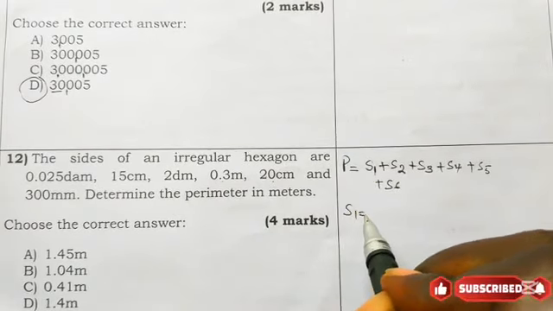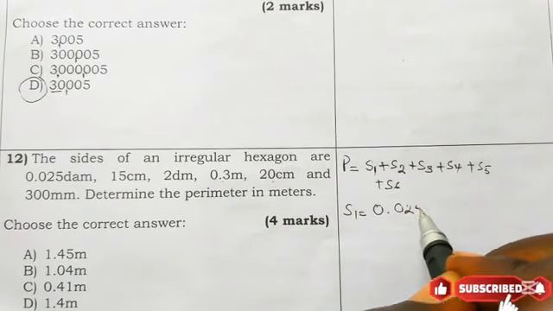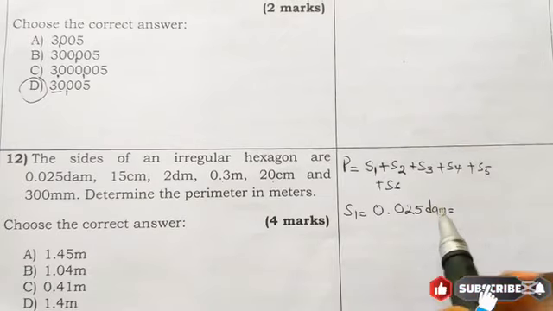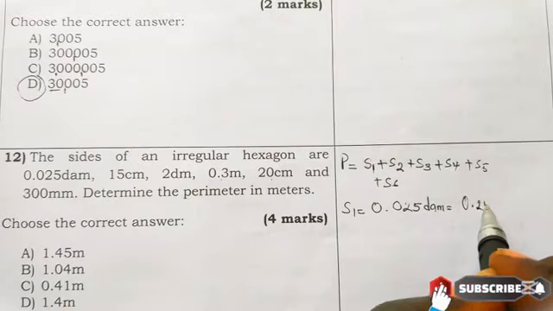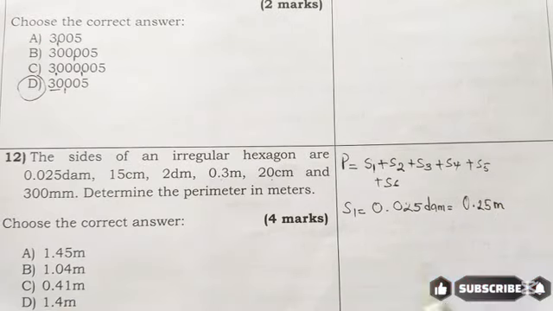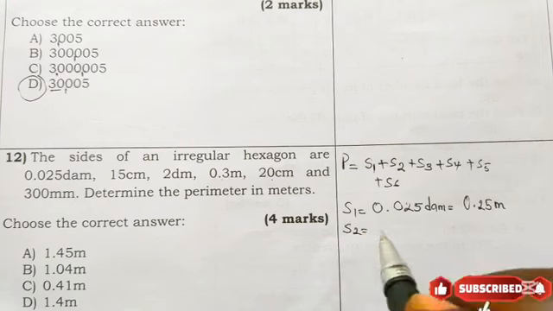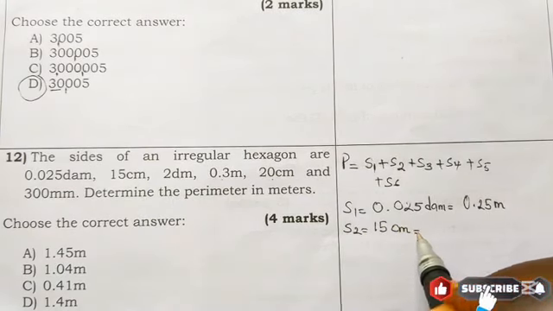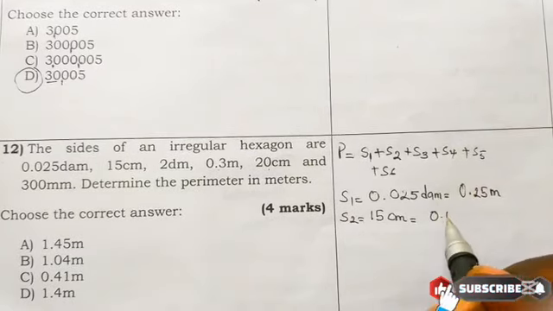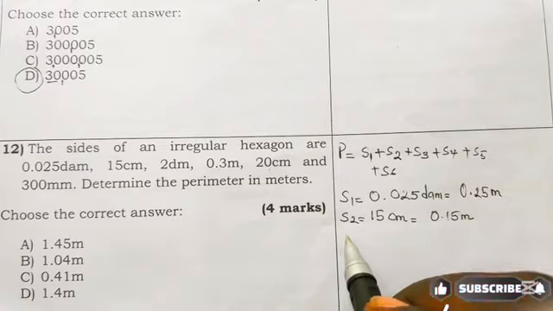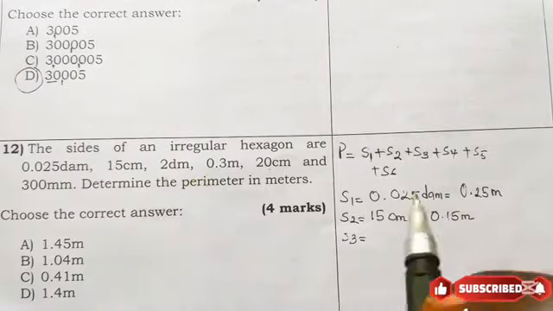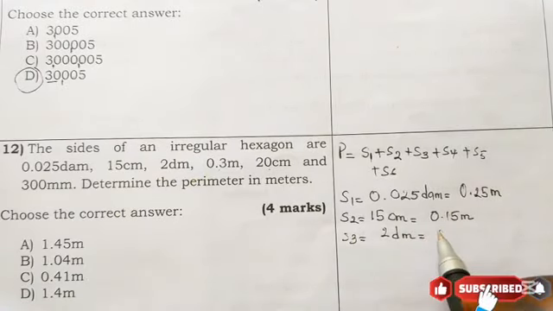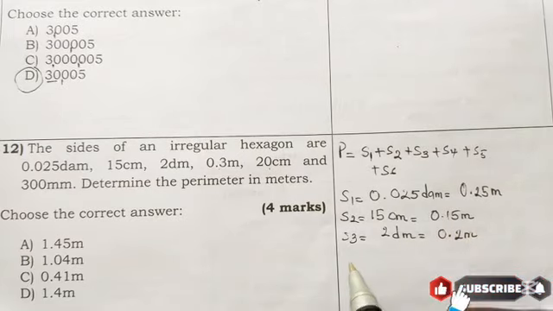Side 1 is equal to 0.025 decameters, and this should be transformed into meters to get 0.25 meters. Side 2 is equal to 15 centimeters, so this should equal 0.15 meters. Side 3 is 2 decimeters, and these 2 decimeters should be 0.2 meters.